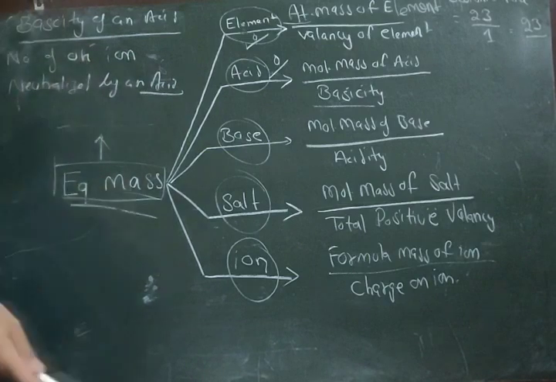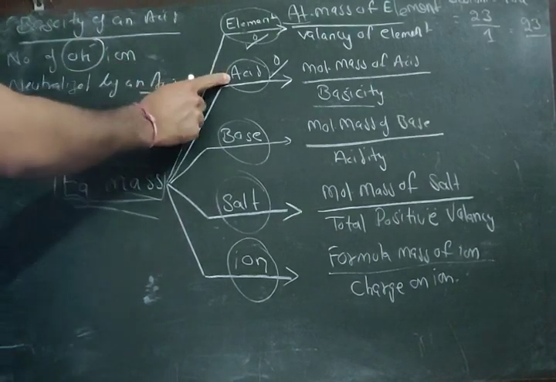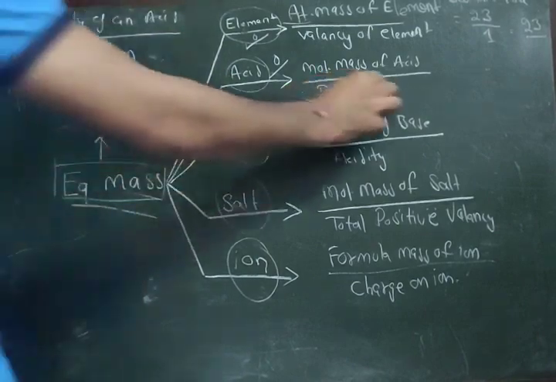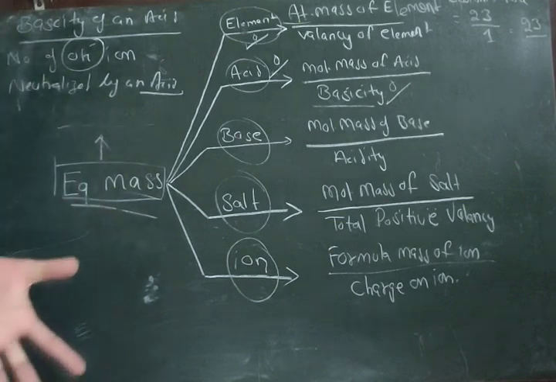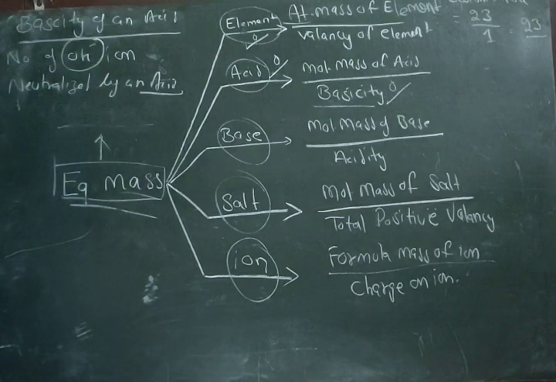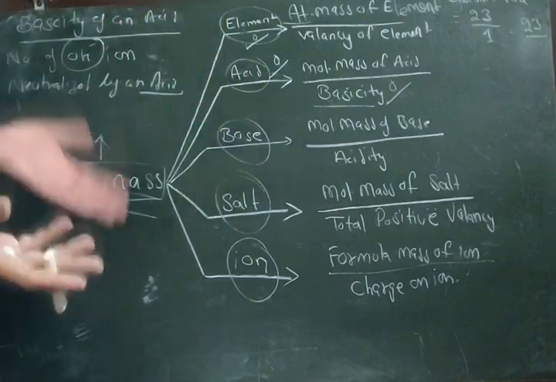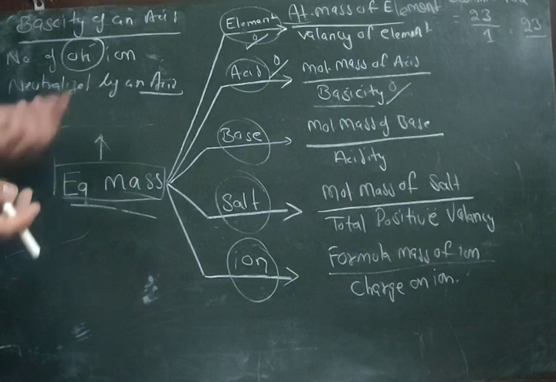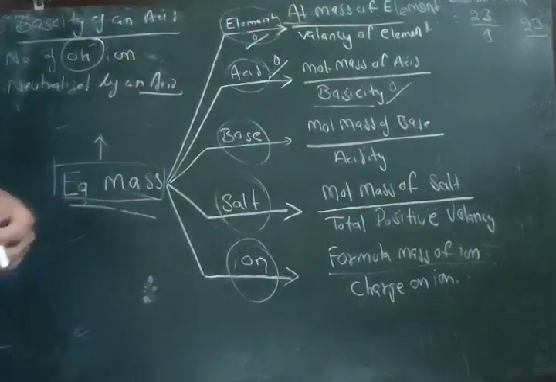Okay, कि कितने OH ion न्यूट्रलाइज कर देगा ये वाला एसिड is called the basicity of this acid. For example, in a simple way we can say the number of H positive ions released by the acid is called the basicity, because that H positive ion will neutralize the OH negative ion. So that's why this is the basicity of the acid.